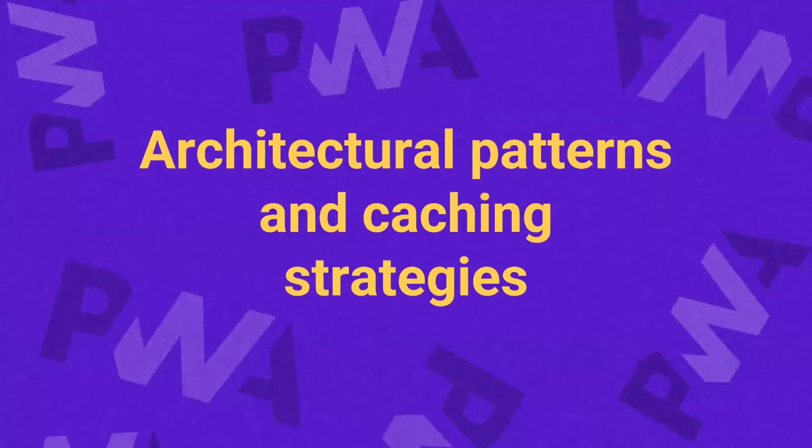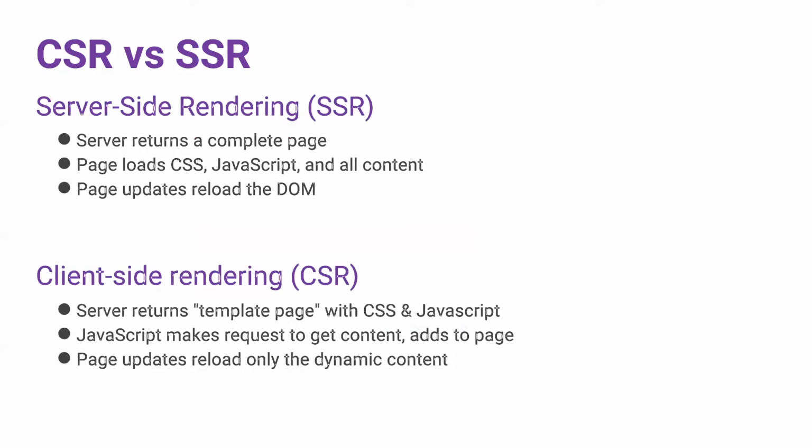Okay, now we are talking more about caching strategy, since it is a big part of the PWA. We have two kinds of rendering. Caching could happen on the server side or on the client side. First of all, we are going to talk about server-side rendering. It is basically the server returning all the components and building the whole page, loading the CSS and script, and updating the DOM.